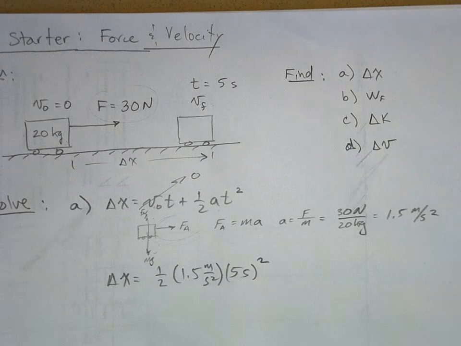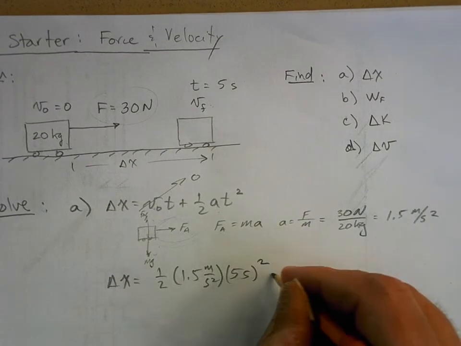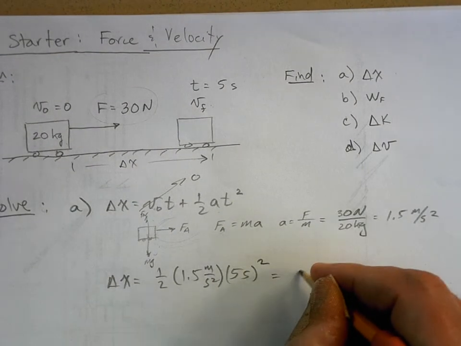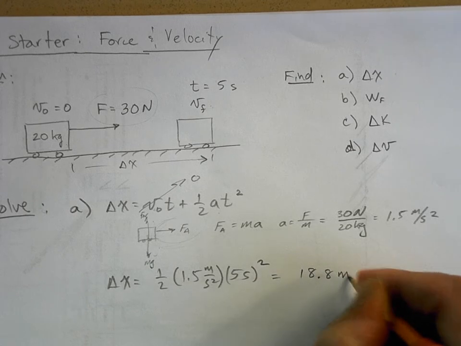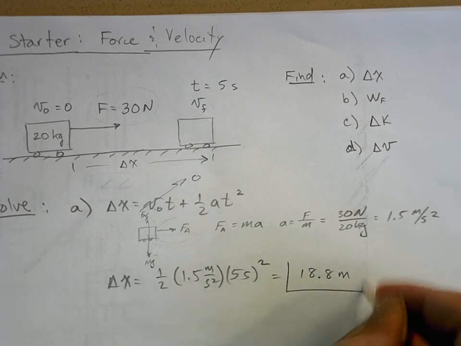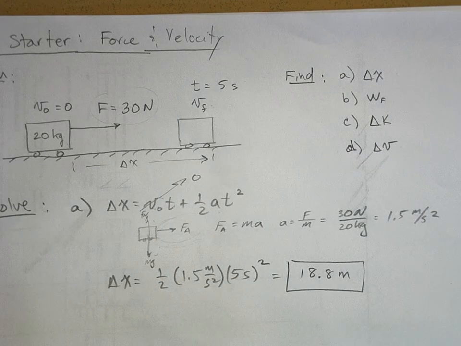And then I get my calculator. 0.5 times 1.5 times 25 is 18.75. I'll call it 18.8 meters. You can put 18.75 if you want.